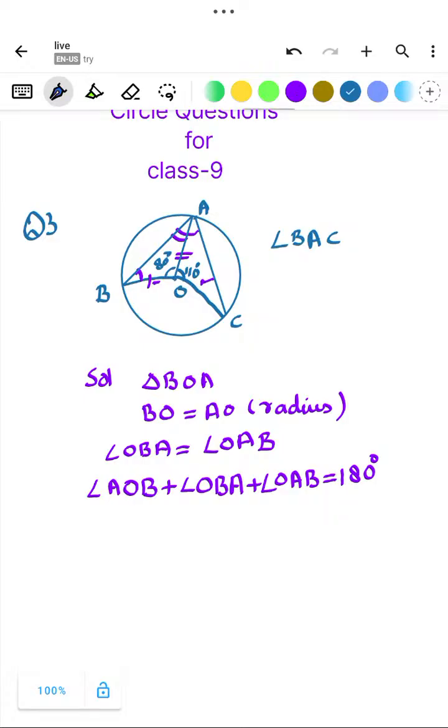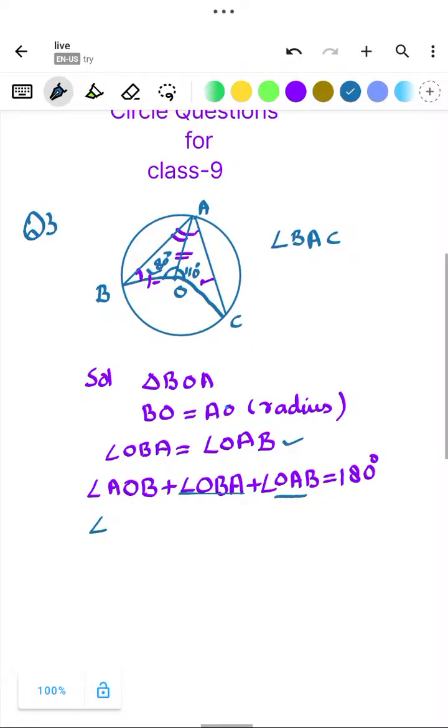Now OBA and OAB are equal. These two angles are equal. So we can write angle AOB is given 80 degree. Here this is 80 degree.